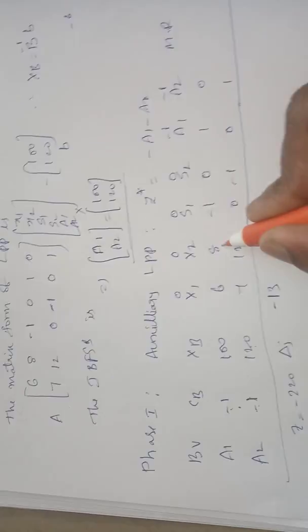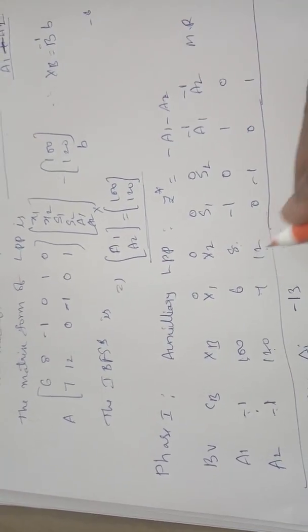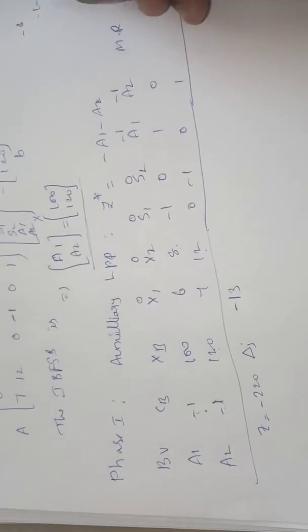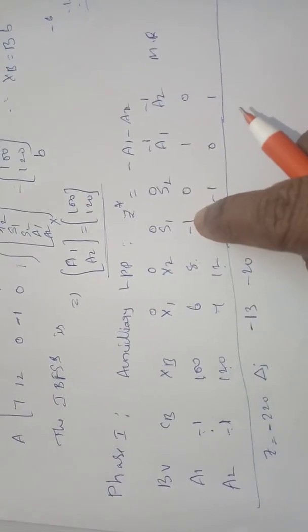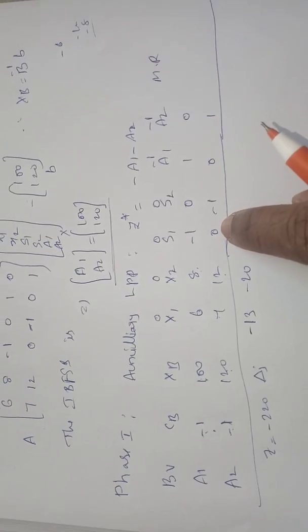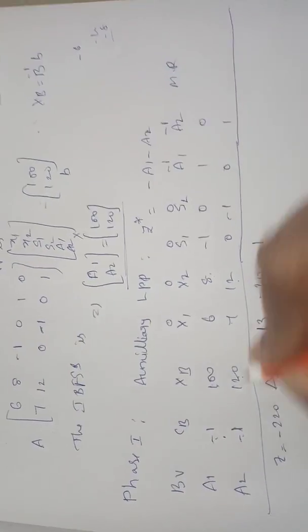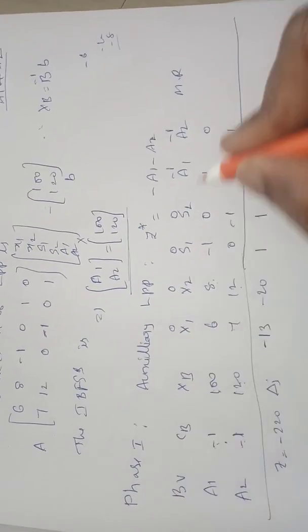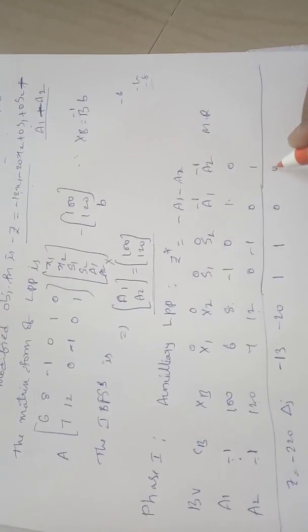Then minus 1 into 8, minus 8, minus 1 into 12, minus 12, so minus 20. Minus 1 into 1 is minus 1, and minus of minus becomes plus 1, so both terms become 0.